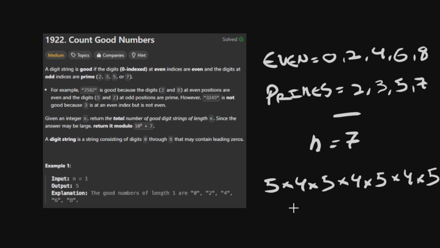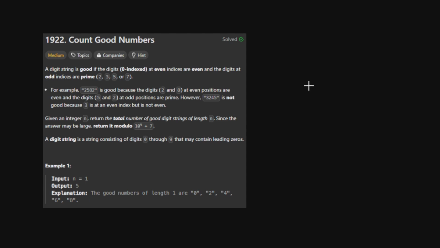This is the same as saying 5 to the power of 4 times 4 to the power of 3, 4 cubed. So here we have 4 even indexes and 3 odd indexes. What this means is whenever we have an odd number at n, we need to add one to our even indexes count. Okay, the time complexity for this one will be O(1), and space complexity is also O(1).